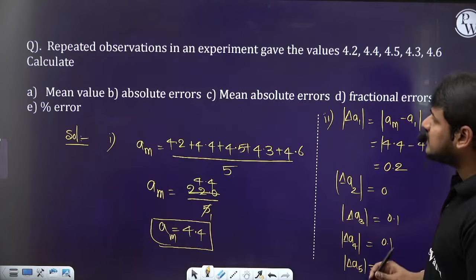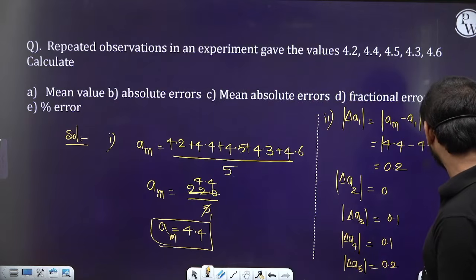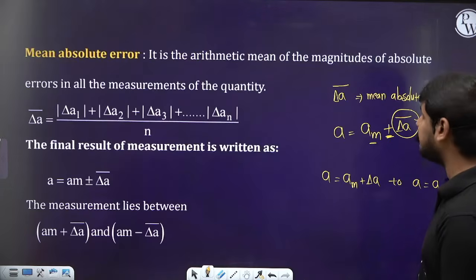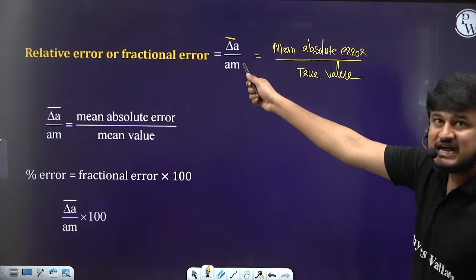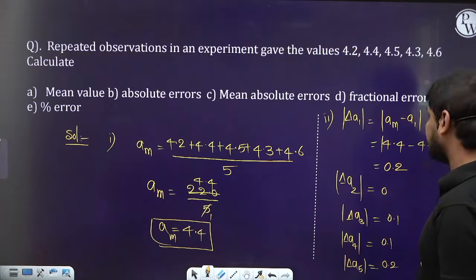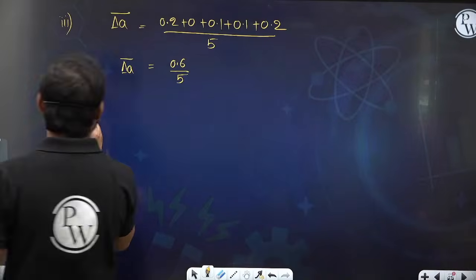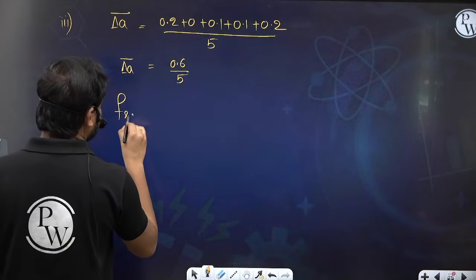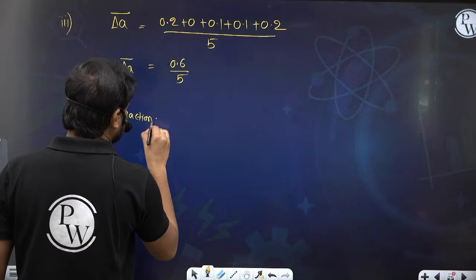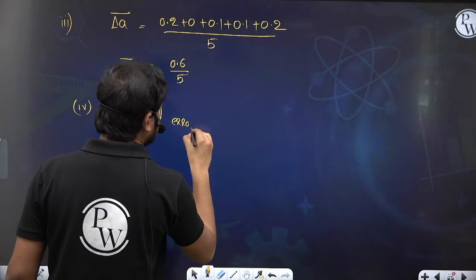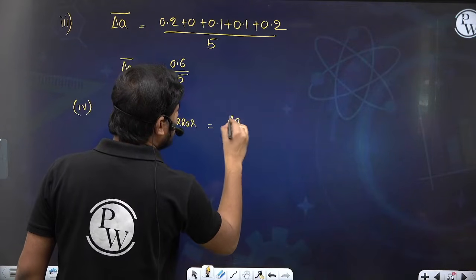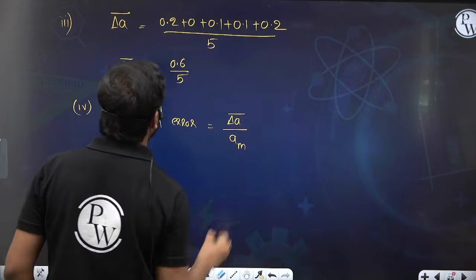Then how do you get the fractional error? What's the fractional error formula? Just now we have seen: the fractional error, the fourth one, is delta A bar by AM. What is delta A bar?